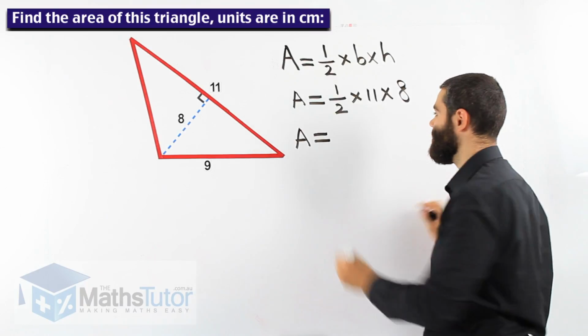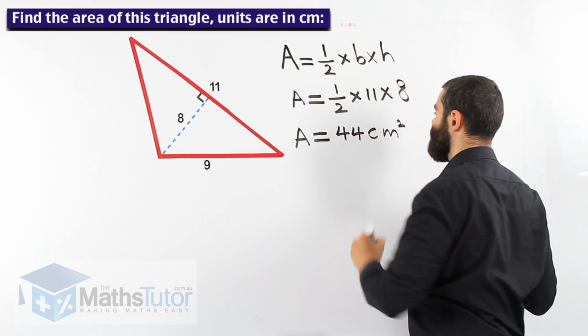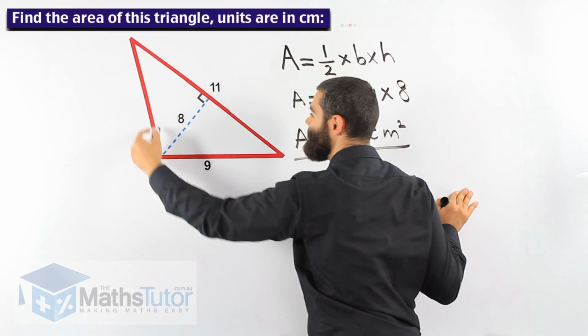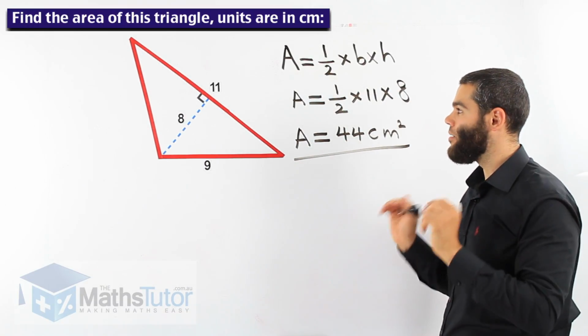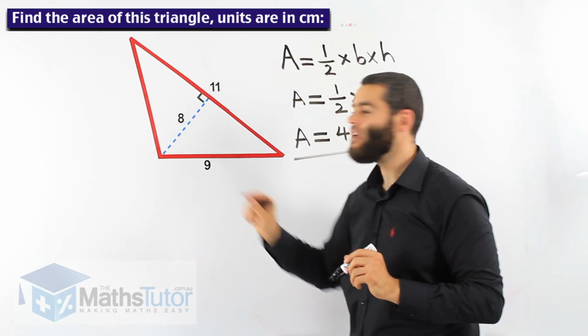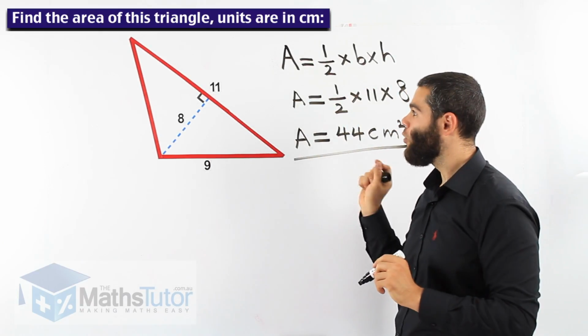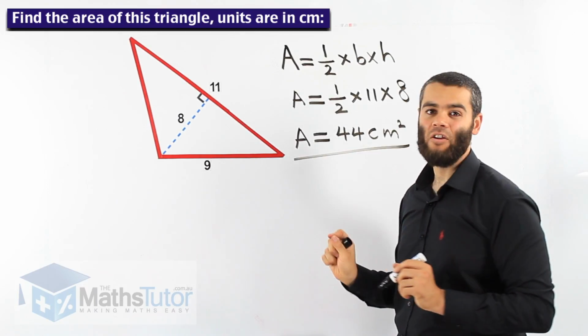Half of 88 is 44 square centimeters, our answer. So the total area inside here is 44 square centimeters. Remember, the base and height meet at right angles. That's how we can identify where the height is and where the base is. They meet perpendicular, at 90 degrees.